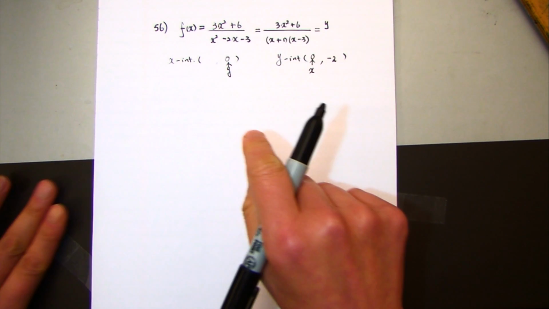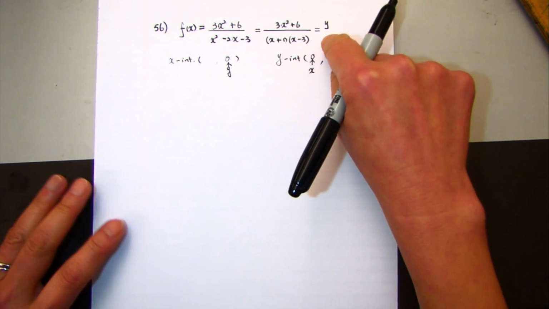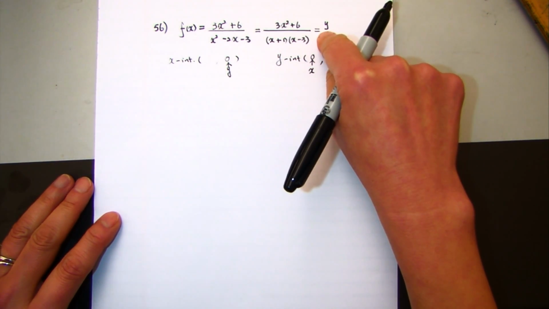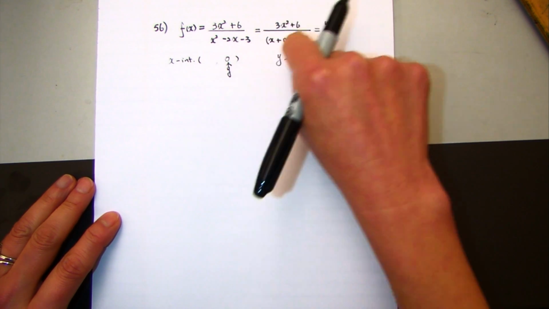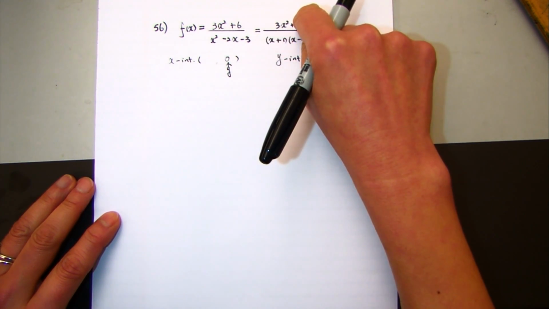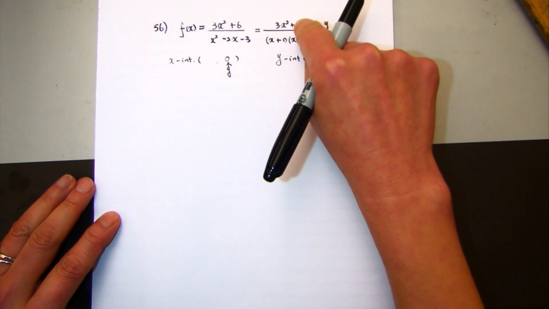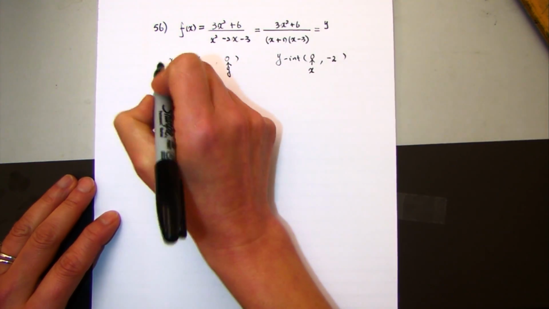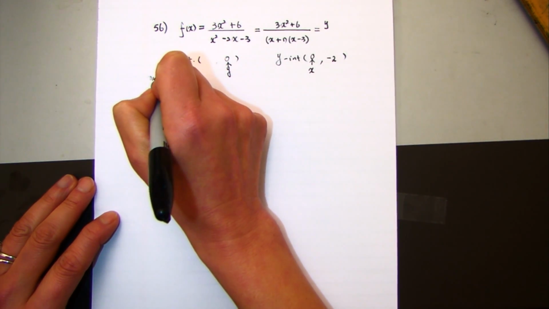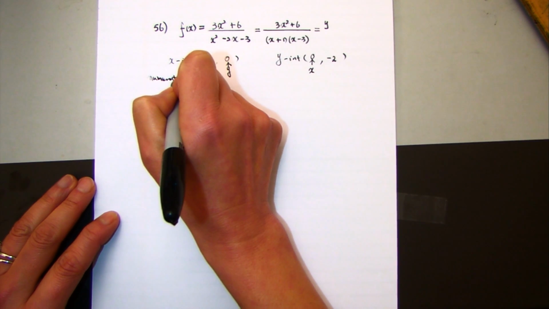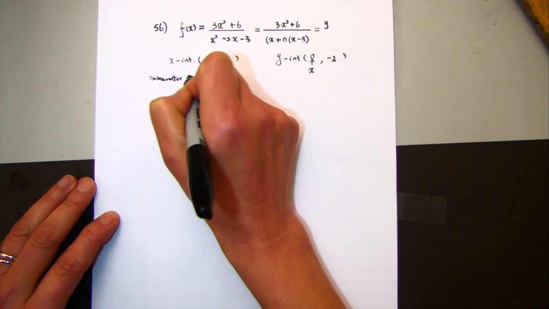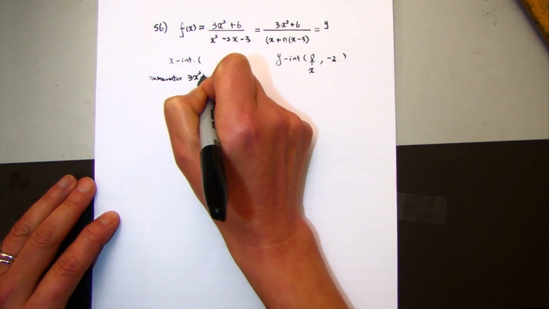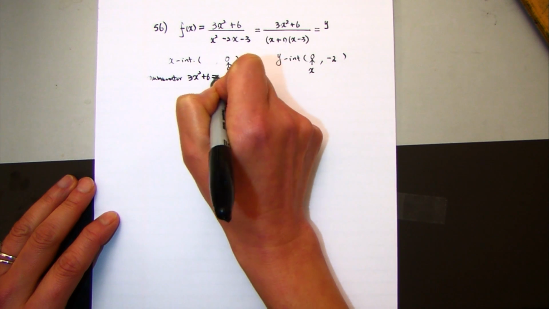How do we do the x-intercept? We let y be 0. That means this rational expression equals 0. A rational expression can only be 0 when the numerator equals 0. So the numerator, 3x squared plus 6, equals 0.